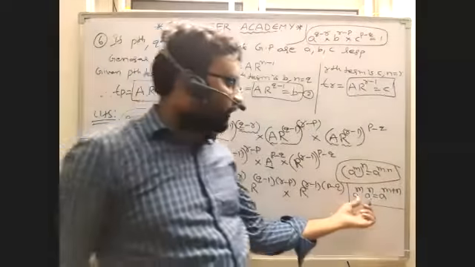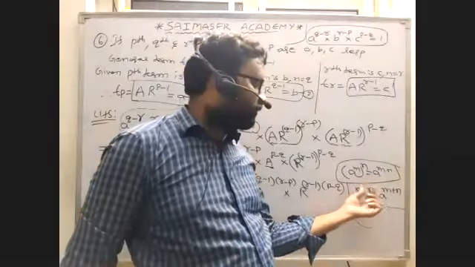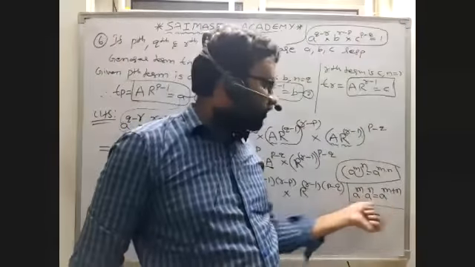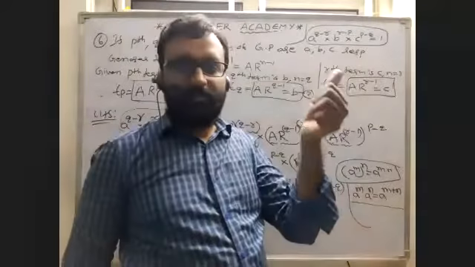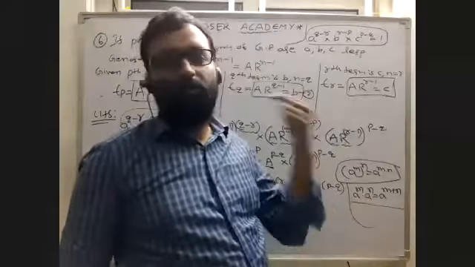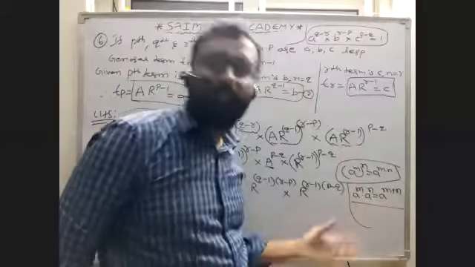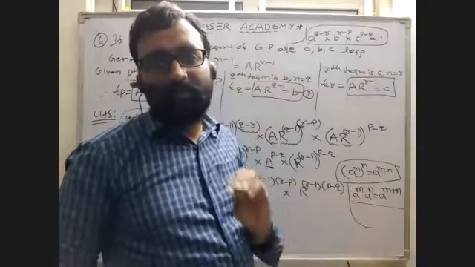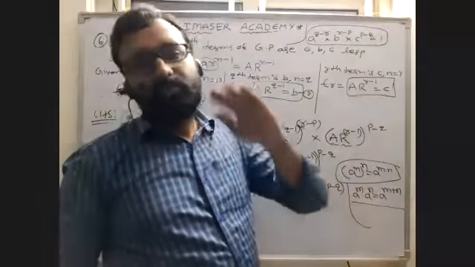If you have the same bases, you can add the powers. If you have three bases the same, you can add three powers. If you have four bases the same, you can add four powers. If you have 10 bases the same, you can add 10 powers. However many terms you have with the same bases, you can add the powers.